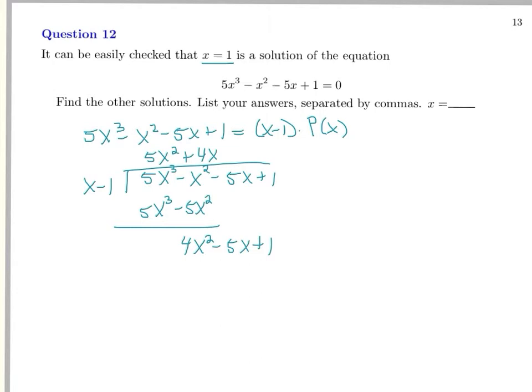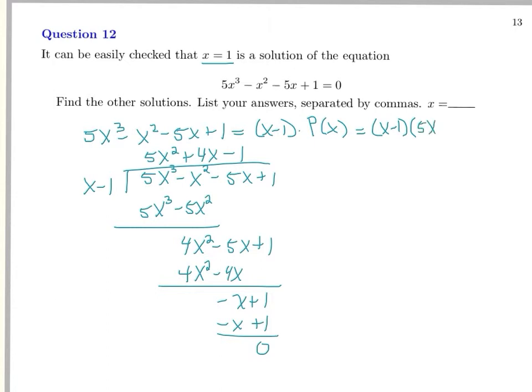So 4x times x is 4x squared, and times 1 is minus 4x. Subtract, and I get minus x plus 1. And then finally, minus 1. I get a remainder of 0, as I should. So this means that I can factor my original cubic into x minus 1 times 5x squared plus 4x minus 1.